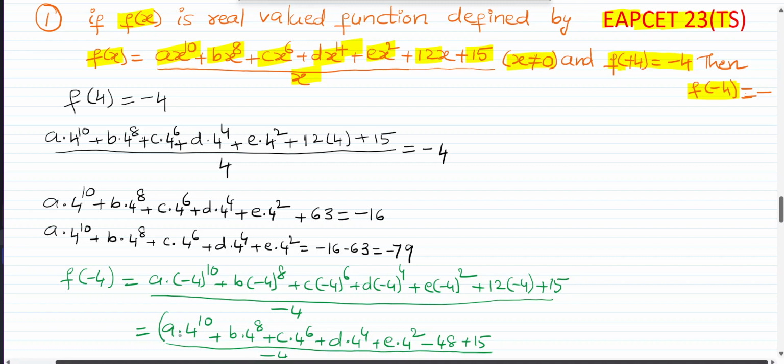Already this value, a into 4 power 10 plus up to e into 4 square, from the first equation is minus 79.